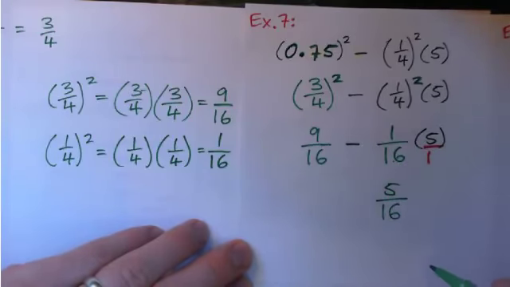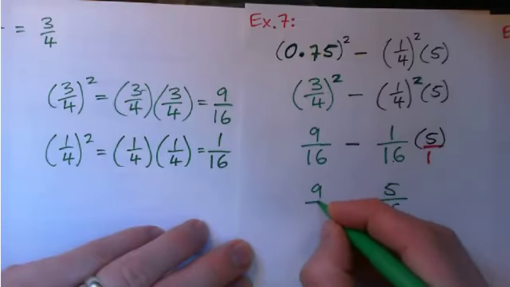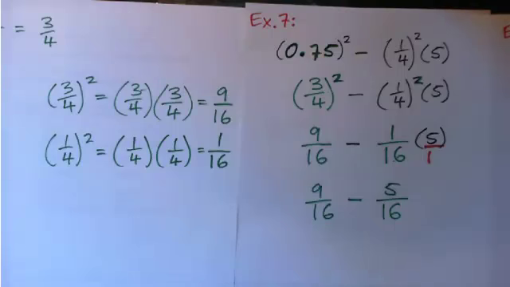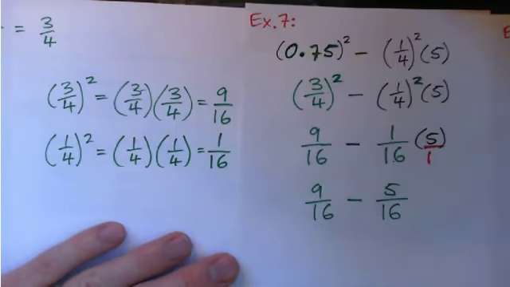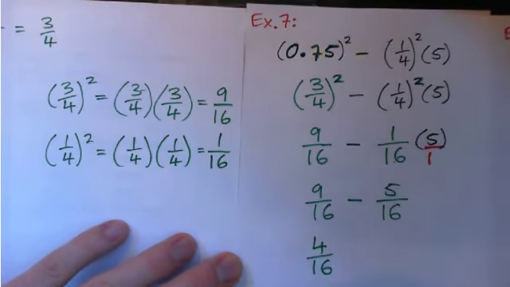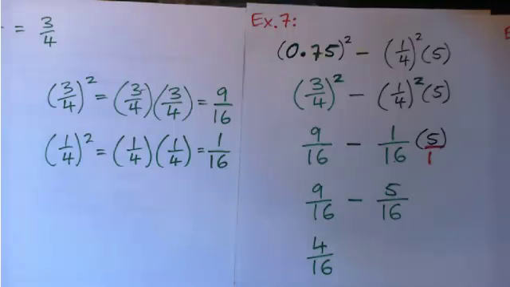Nothing cross cancels, right? So I have 9 over 16 minus 5 over 16. How many 16ths does that give? 4/16, right? And does that simplify? Can you put that in lowest terms?